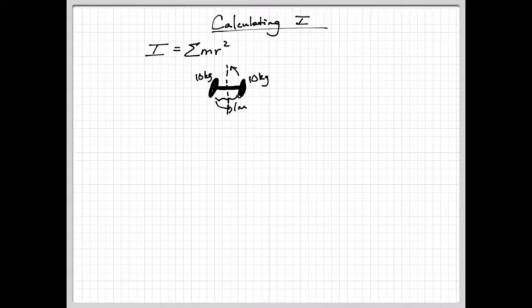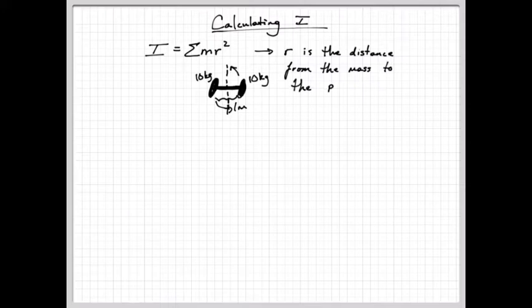So if I want to calculate the moment of inertia, m is obviously the mass, but r is the distance measured from the mass to the pivot, or the rotation axis.